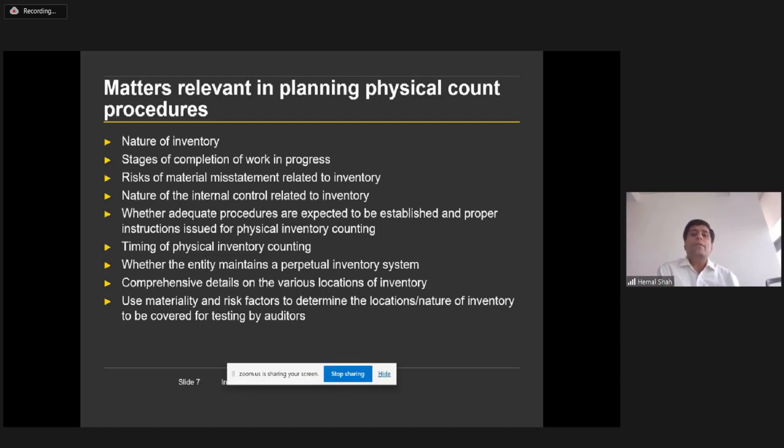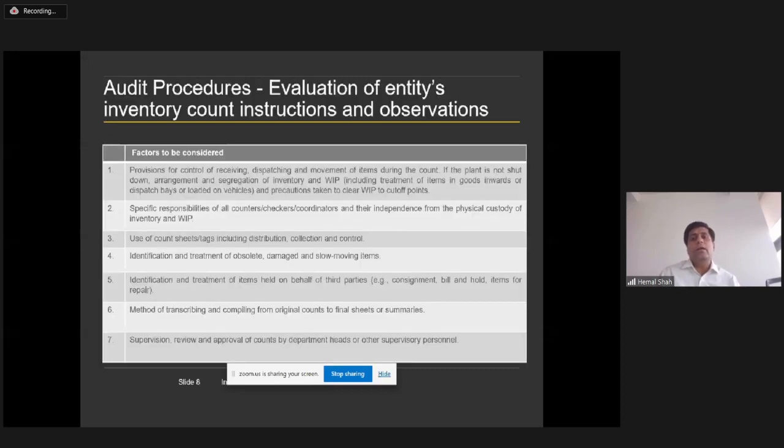At times there are multiple segments, and for a few, the inventory value would be high, but the risk is limited because it's fast moving. Whereas in other cases, the inventory would be lying for a long time. So the auditor will have to see both factors and decide for the physical count.